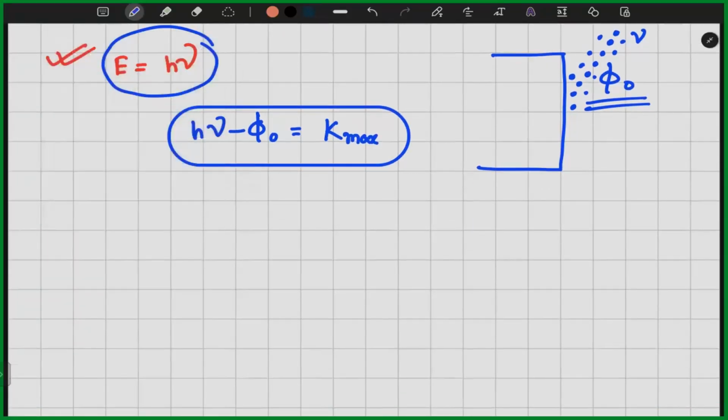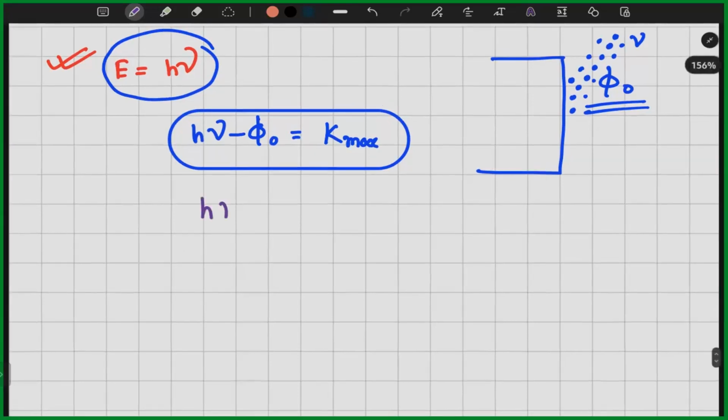Now we'll try to explain our result. Let's say we are giving an amount of energy to the electron which is equal to the work function. What happens?